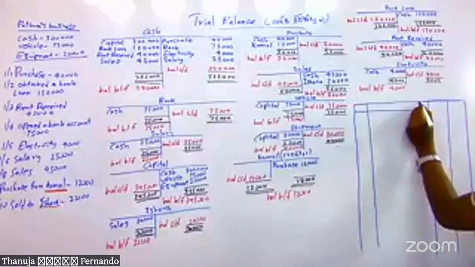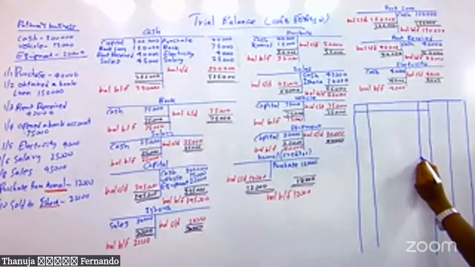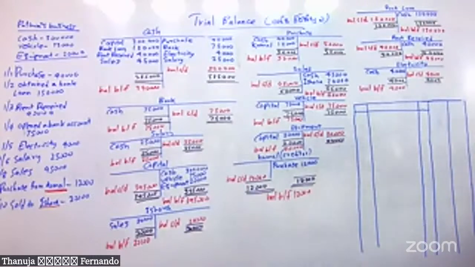Right. And this one for the ledger page. This is a format of trial balance.